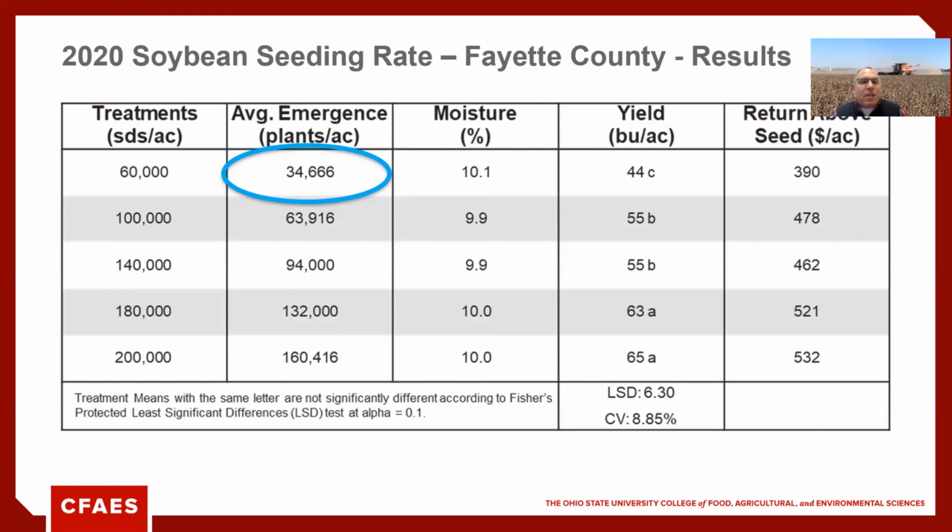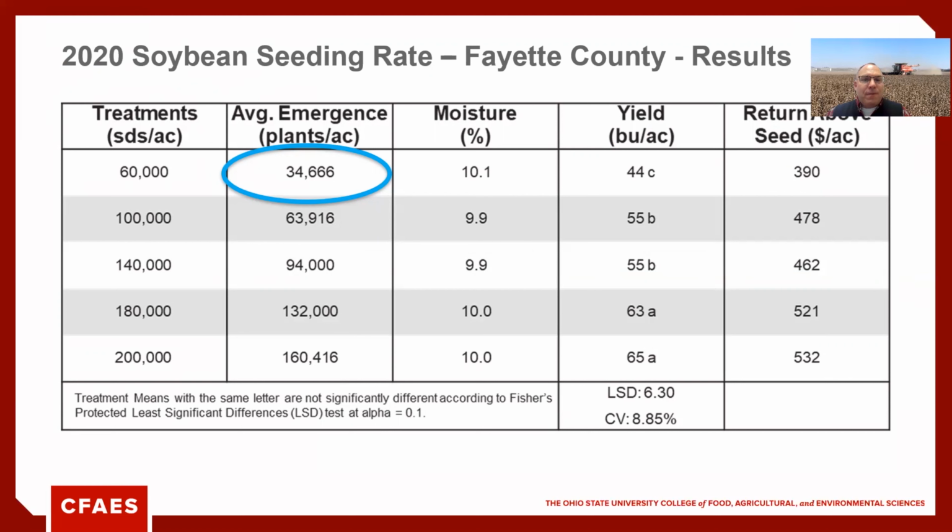But as we look at our results and break them down to determine what our optimal seeding rate was and what our highest return above seed costs was, I point out here our emergence. An emergence of 34,000, or actual plant population, is pretty similar to a corn population.